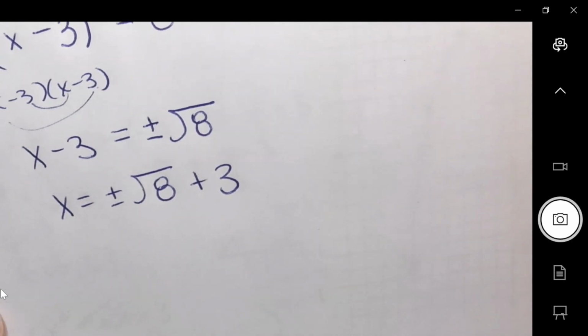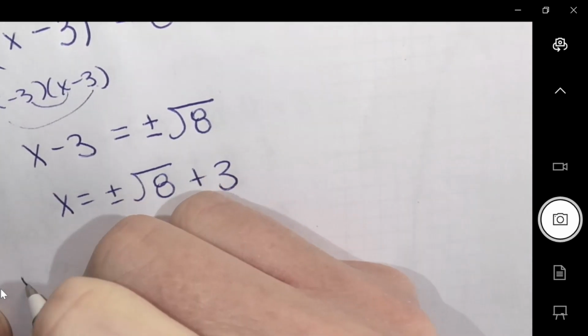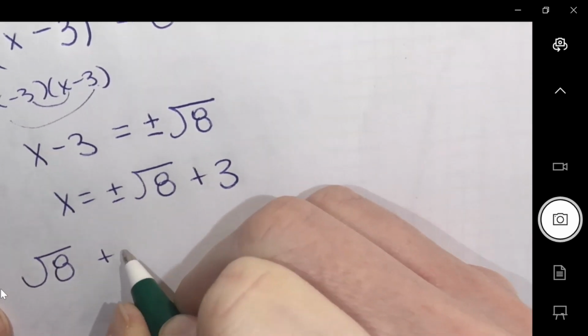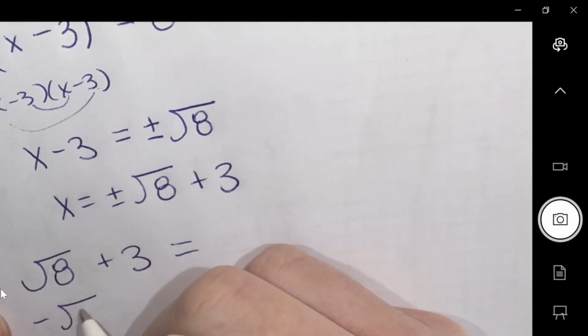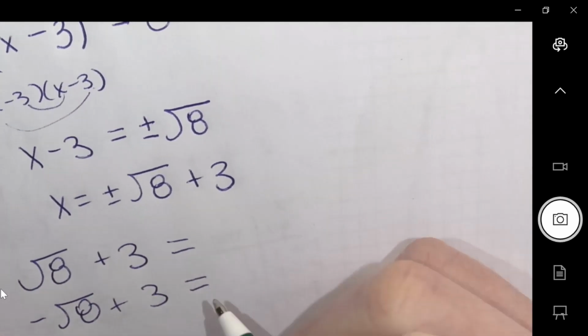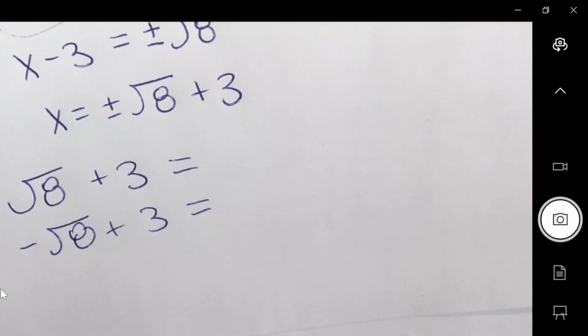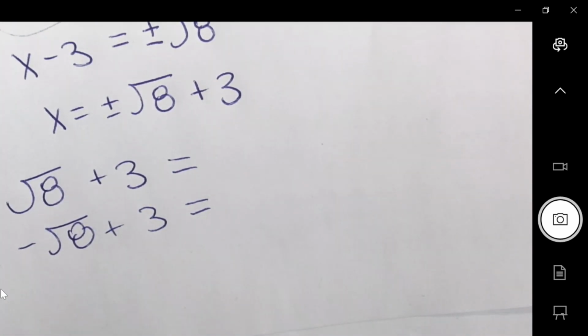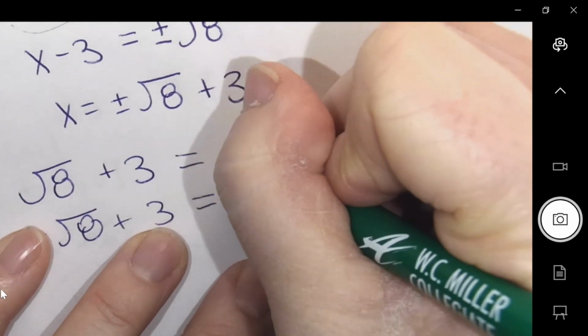Okay, can we type this into the calculator and see what we get as a decimal? And then we're actually going to check our answer with the quadratic formula. So go plus root 8 plus 3 and negative root 8 plus 3. That would be as a decimal value, 5.8.